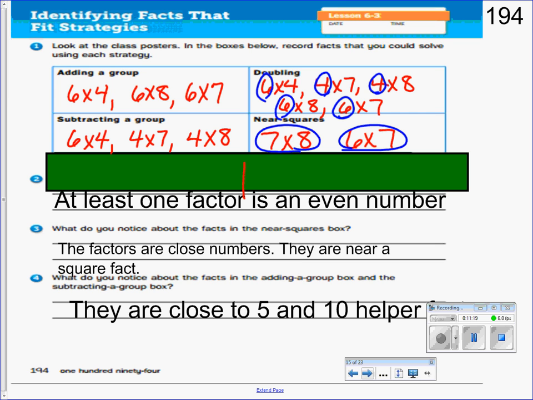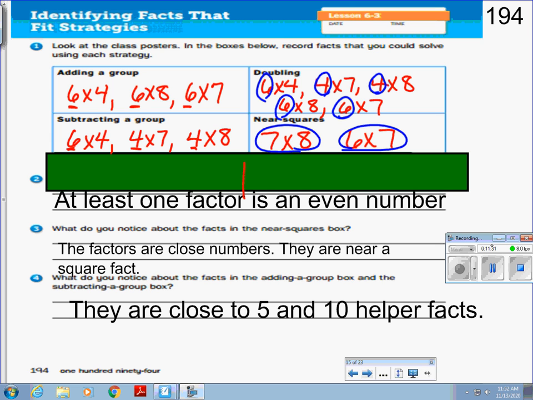So we can do 5 times 4, 5 times 8. Anytime we're using a helper fact, we're looking at 5s and 10s as our helper facts. All right, boys and girls, this concludes lesson 6.3.